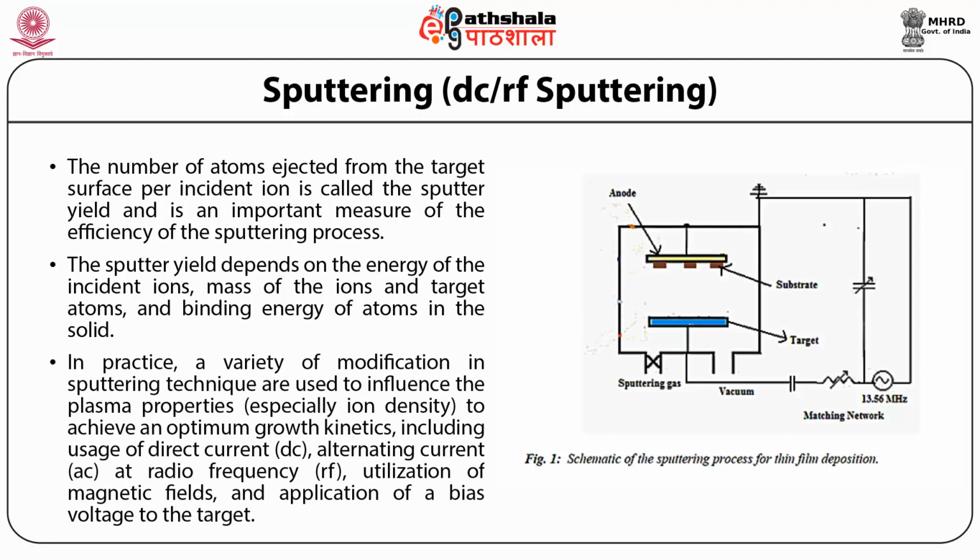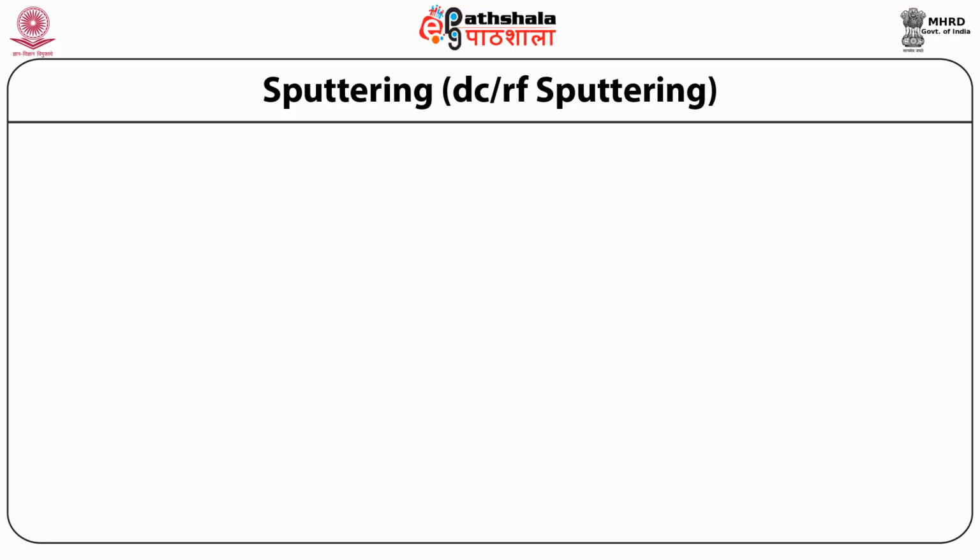In practice, a variety of modifications in sputtering technique are used to influence the plasma properties, especially ion density, to achieve an optimum growth kinetics, including usage of direct current DC, alternating current AC at radio frequency, utilization of magnetic fields, and application of a bias voltage to the target.